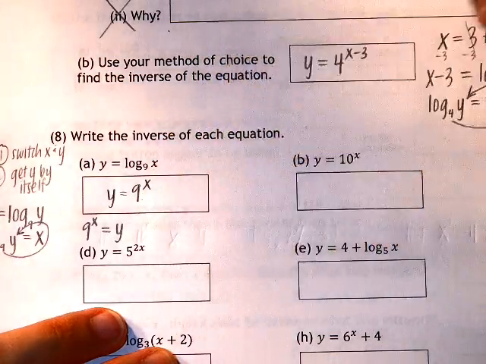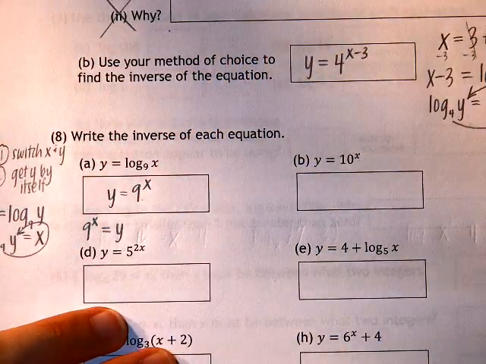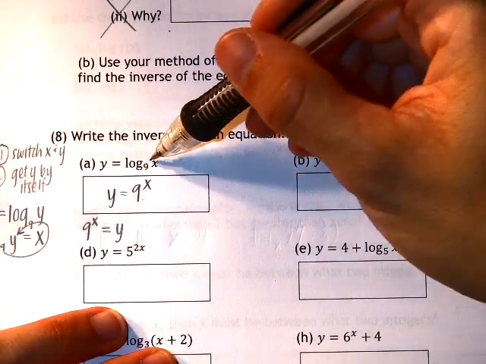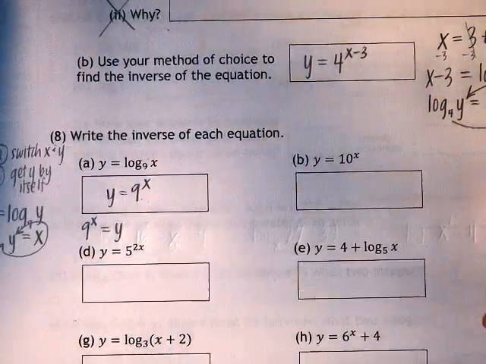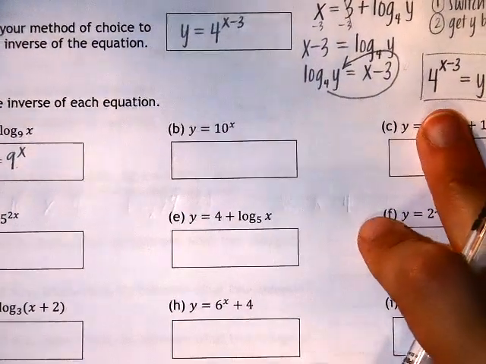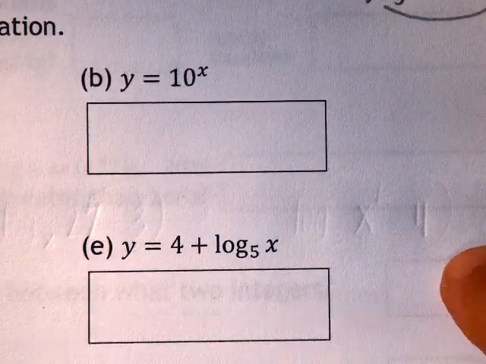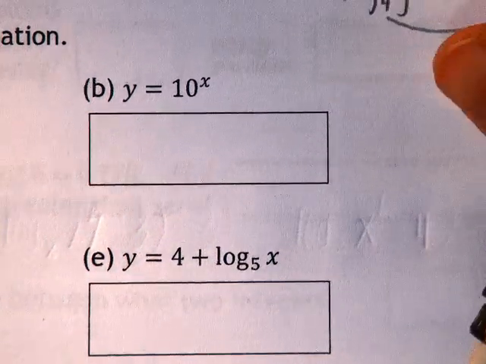Remember how if you have a subtraction in an inverse equation, you end up seeing an addition in your answer? It's pretty common to recognize that the opposite of a log is always going to look exponential. And by that logic, I can predict in letter B. I know that it's currently an exponential, so I am willing to bet now that my answer is probably going to have a log in it. So let's see if that happens.